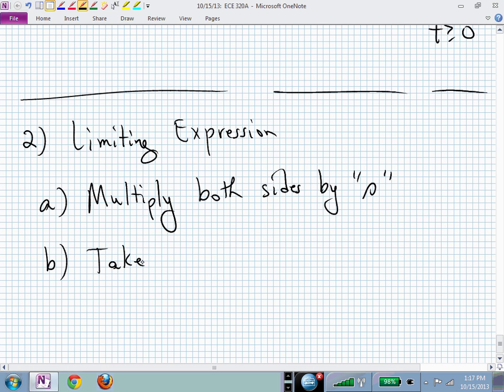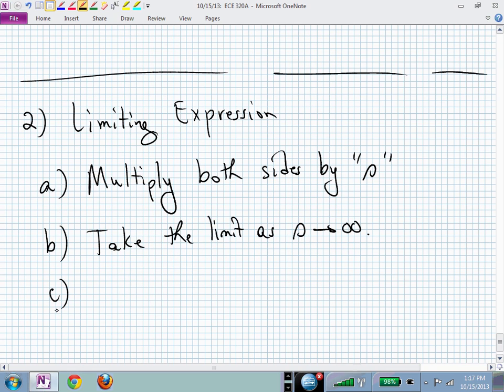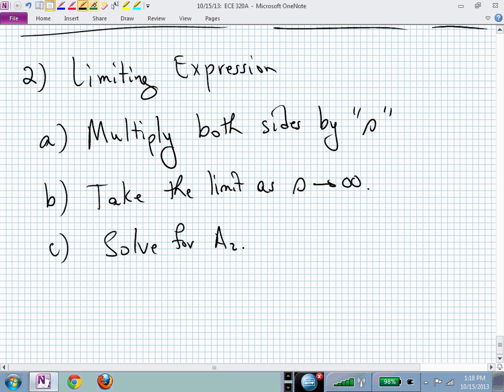Then we take the limit on both sides as s goes to infinity, as s marches off to infinity. And the hope is that everything is going to start cleaning itself up, and we'll just have a sub 2 equal to something. We can solve for a sub 2. That's the approach. So let's apply that limiting expression technique.